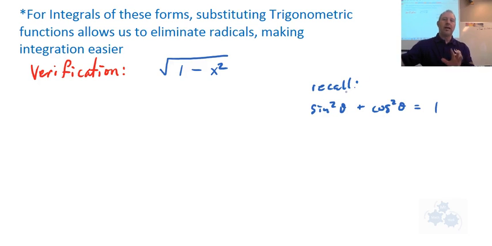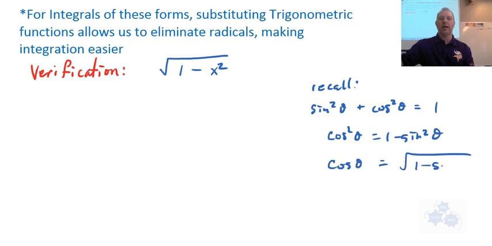Now if I rearrange some things, I've got cos squared theta equals 1 minus sine squared theta, or even better, cos theta equals the square root of 1 minus sine squared theta. What happens is we start to see this is very, very familiar to this right here, isn't it? It's very, very similar.